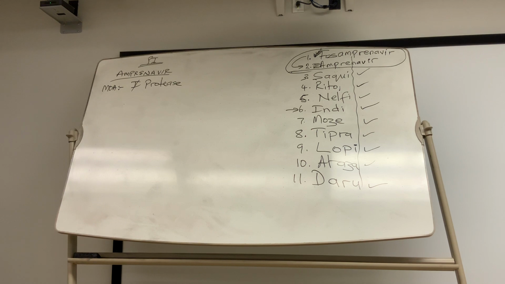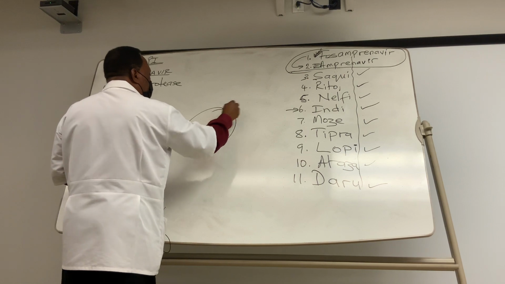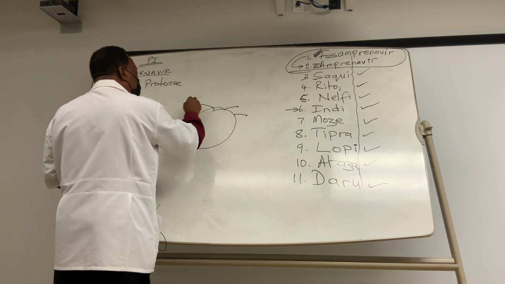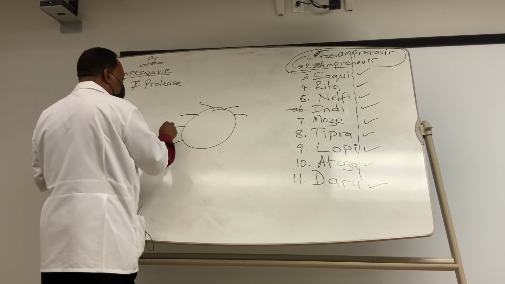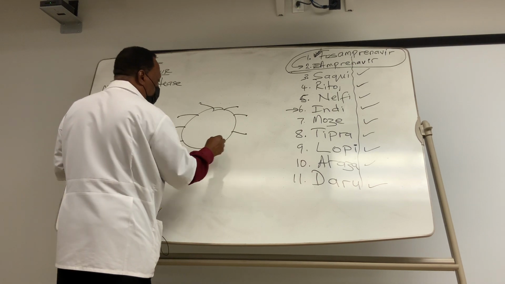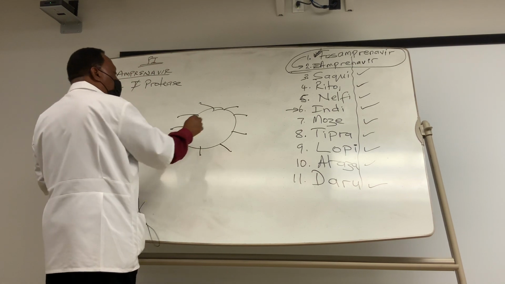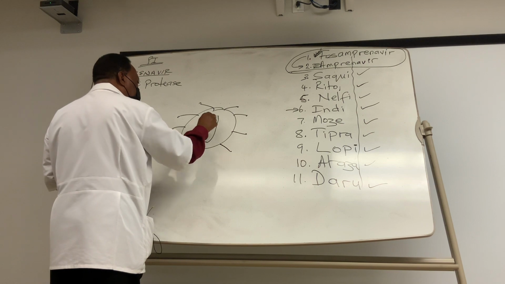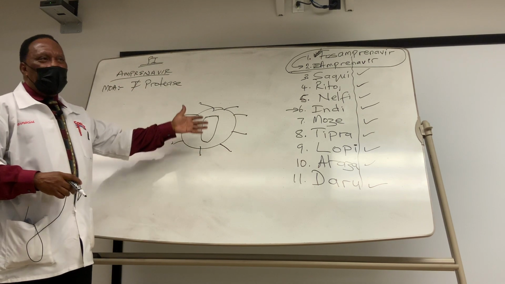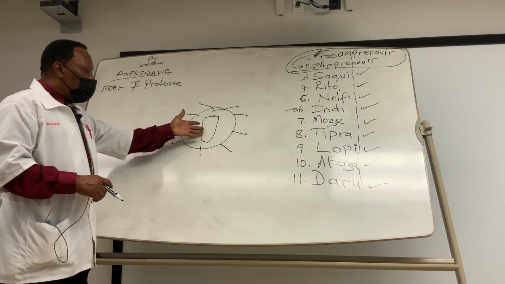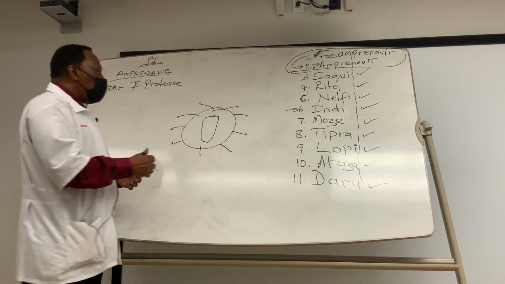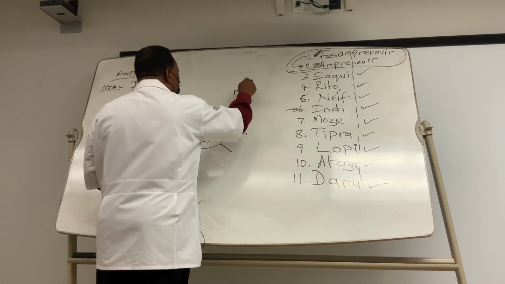If you look at your HIV, the virus, let's say that's the virus there. On the inside, it has a bullet-shaped nucleus, if you will, or nuclear capsid.